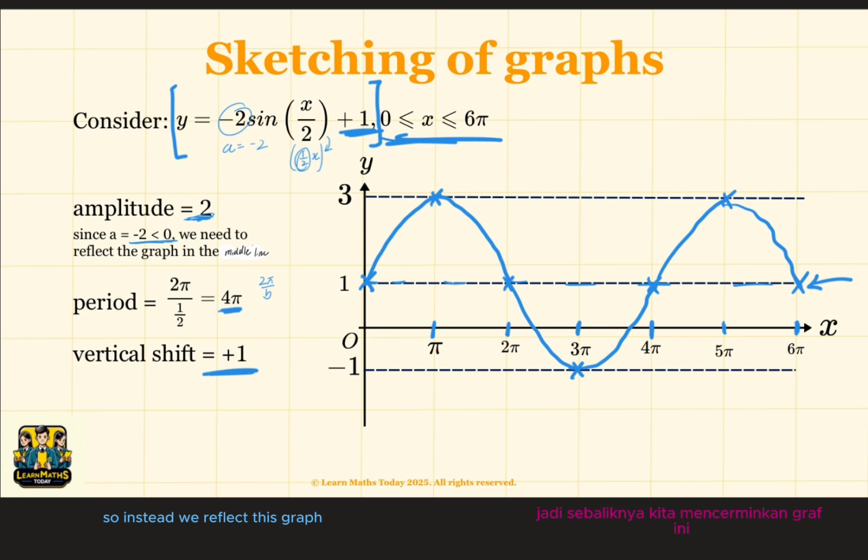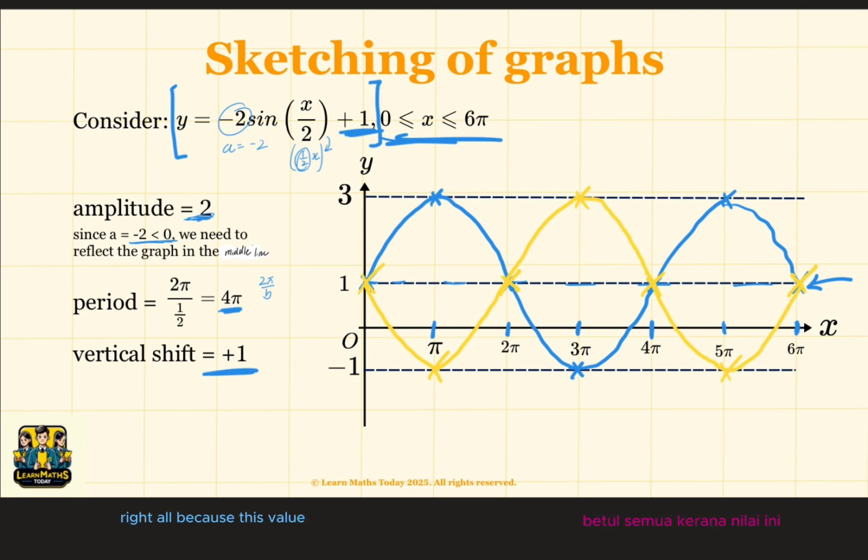So instead of going from the middle to the maximum, it'll go from the middle to the minimum. Then back to the middle, then to the maximum now, then back to the middle, then to the minimum, and back to the middle line. So instead, the graph should look like this, right?